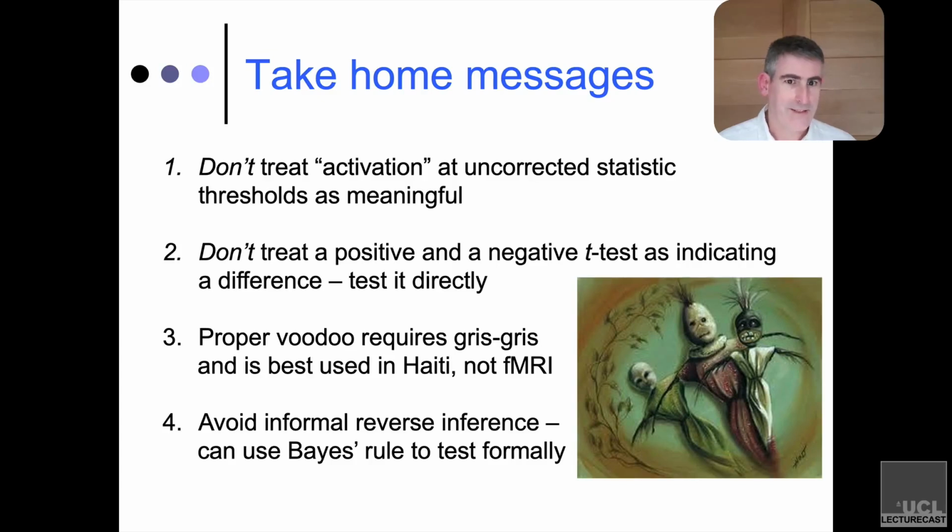So it's not the case that you can look in your data, see where there's activation, and then go look in the literature for areas to define your region of interest. That is also linked, because now the data that you've looked at, your experiment, has influenced the way you're defining your ROI. They have to be independent. And if they're not, then you're going to artificially inflate effect sizes, correlations, etc. You're engaging in voodoo correlations.